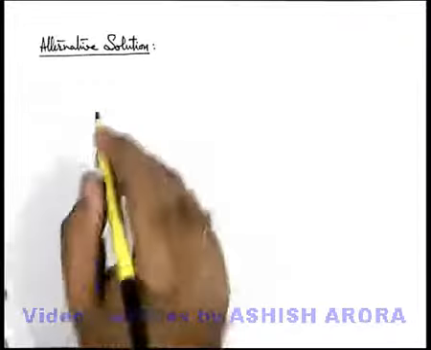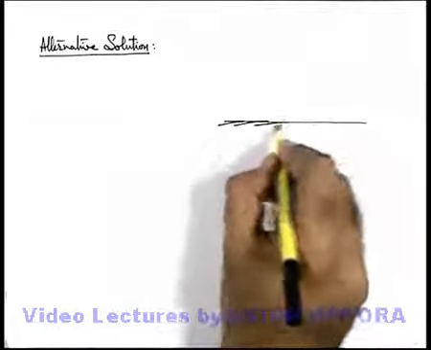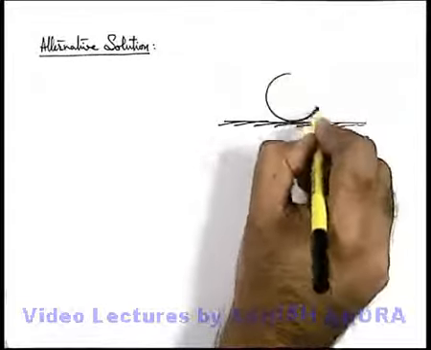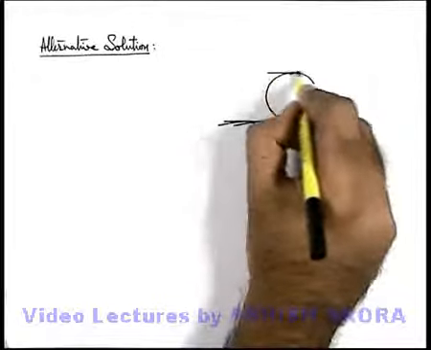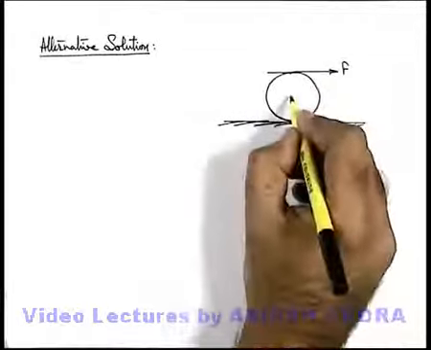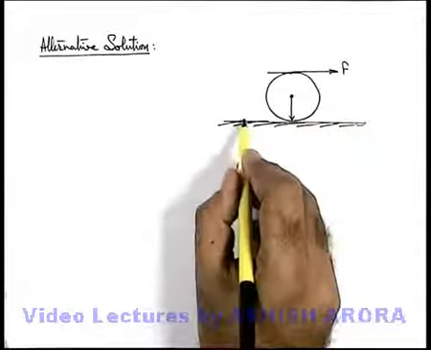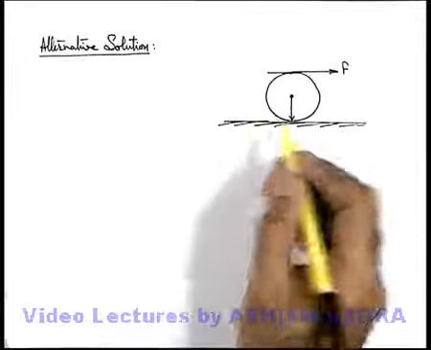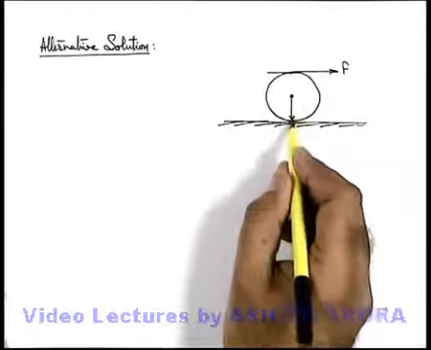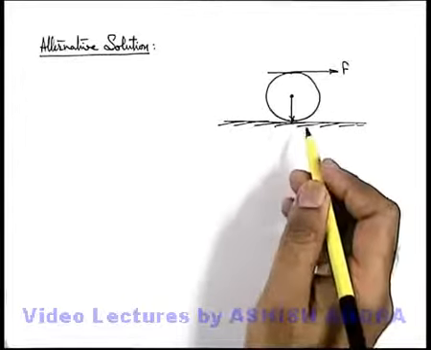Now for the same problem we can go for an alternative solution. In this situation on the sphere, as it is given that at the topmost point the tangential force F is acting, in the way we have handled the problem, we have taken the direction of friction in backward direction, because as we know, if the body is in pure rolling, at the bottommost point of contact no kinetic friction is acting, it is only static friction.